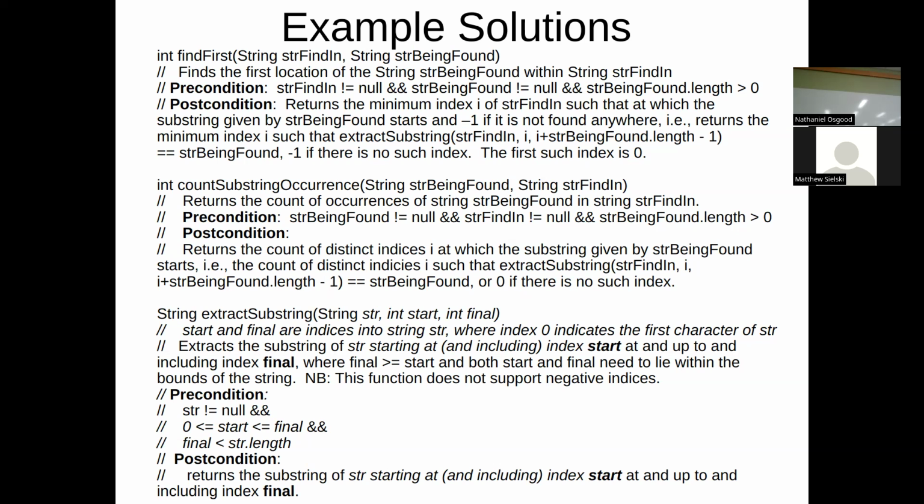We're not going to count something multiple times for one, but we've got to count the number of distinct ones in which the substring given is found within sure find in. How you specify this may allow overlapping instances to be considered different.